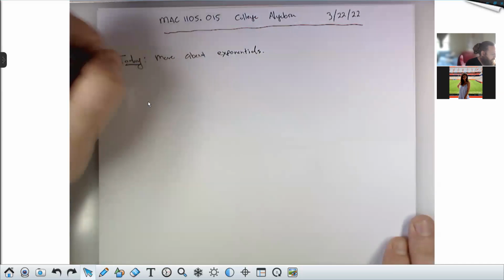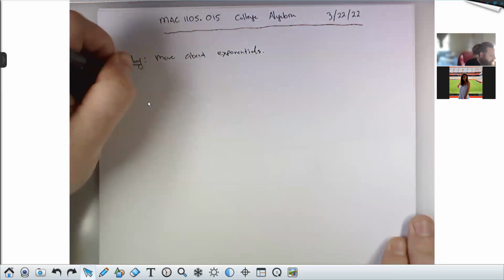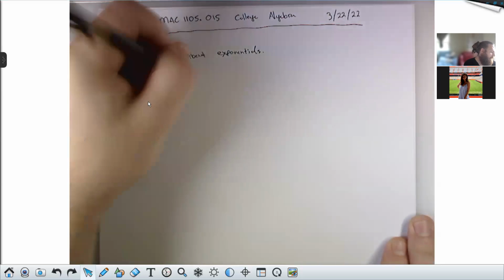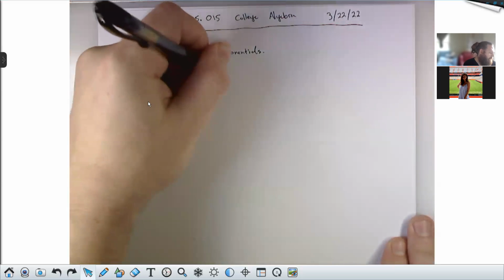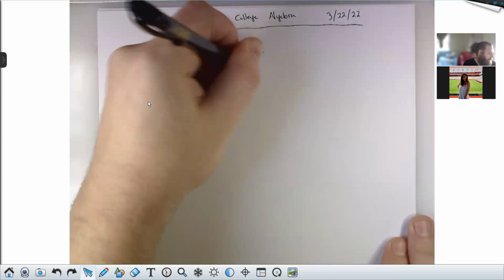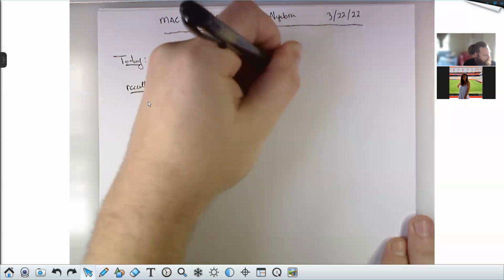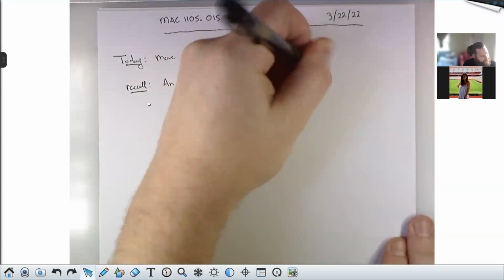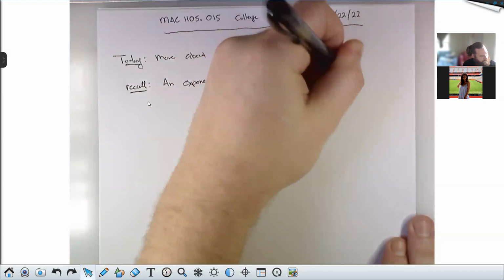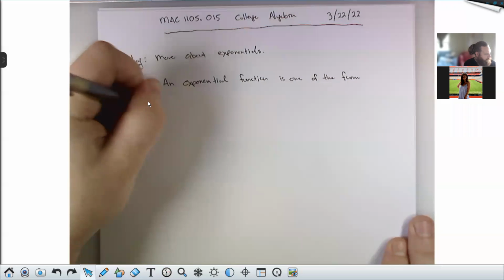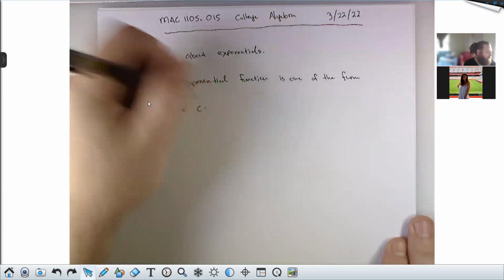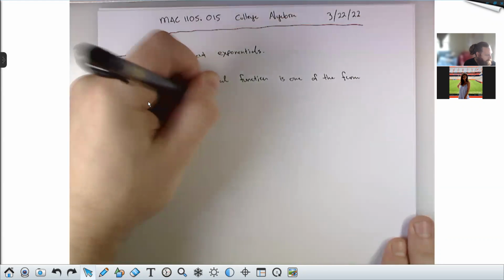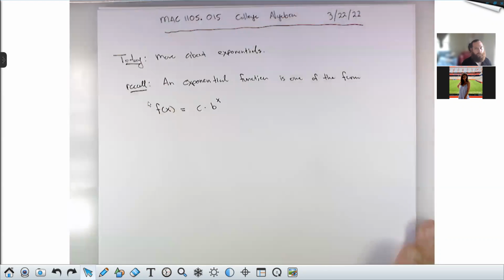So maybe I'll begin by saying, recall that an exponential function is one of the form f of x equals some constant c times some other constant b raised to the power of x.